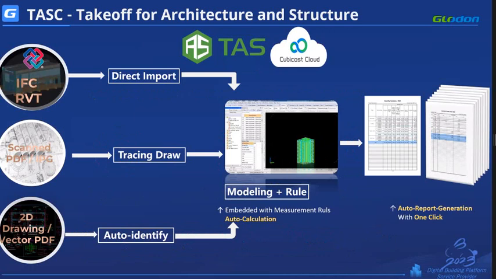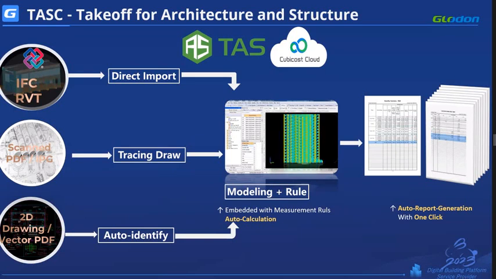In TAS, we support importing 2D drawings and PDF drawings, and even IFC or Revit models. In TAS, you can identify the drawings and even the 3D models, combined with the embedded measurement rules such as SMM7, SMM4, or NRM2, and finally generate the quantity report.